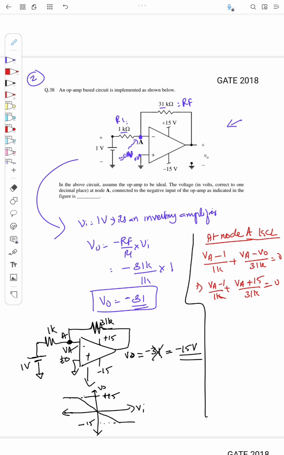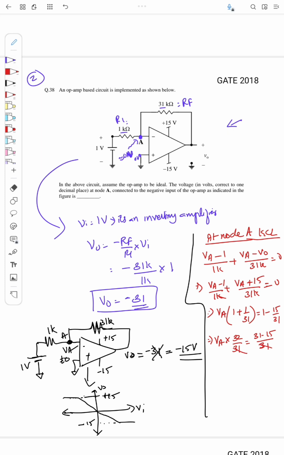So I will combine the values of Va, so it will be Va into (1 plus 1 by 31) and the remaining terms I will take to the RHS, so it will be 1 minus 15 by 31. Okay, so Va into 32 by 31 is equal to (31 minus 15) by 31.